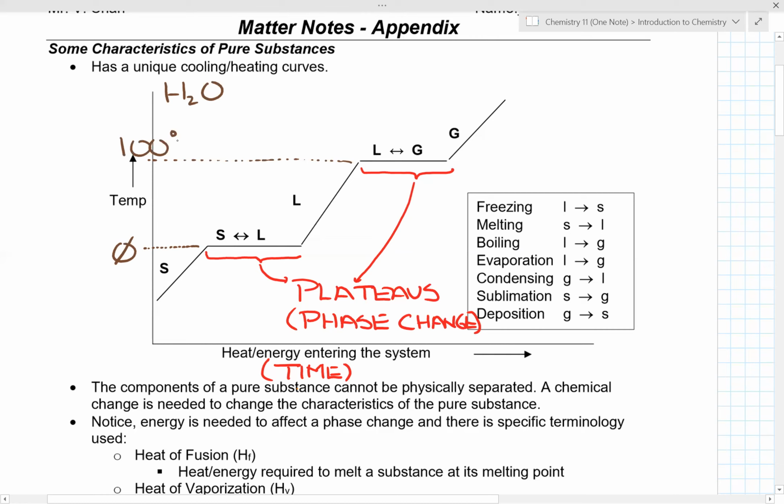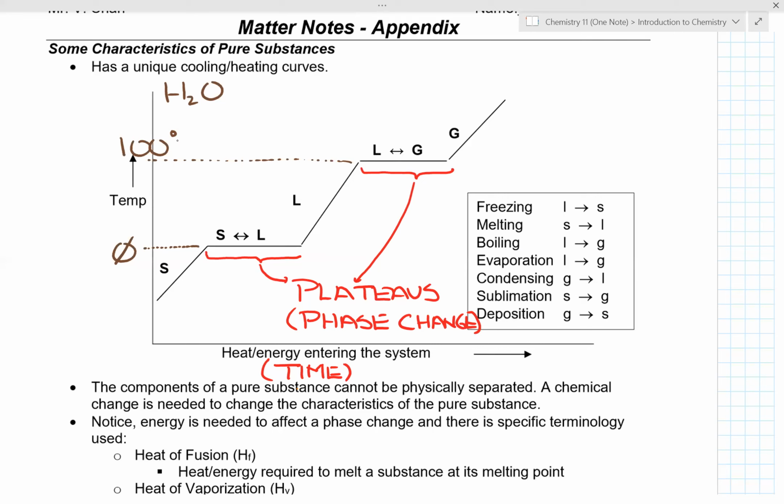For pure water, when water is melting, because it's undergoing a phase change, if you stick a thermometer into ice water, it will remain a constant 0 degrees Celsius. Same thing if you're boiling water. If you stick a thermometer into boiling water, it will stay at 100 degrees Celsius because all the energy that you are adding into the water is being used for phase changing.